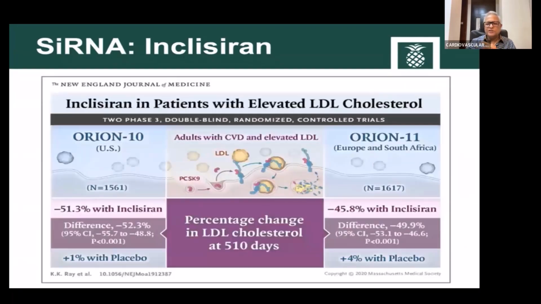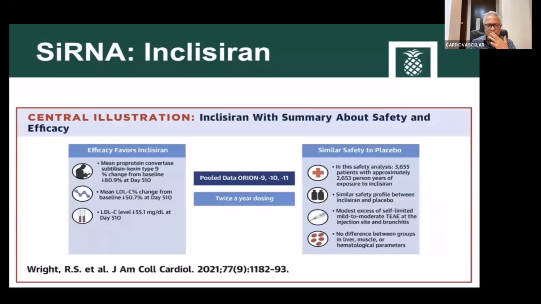And the advantage with this drug is that it's like a metabolic vaccine. The effect is given once in 6 months, 2 injections, and it continuously lowers the LDL-C level by more than 50%, and it continues for 510 days. 365 days is 1 year. 510 days it continues.